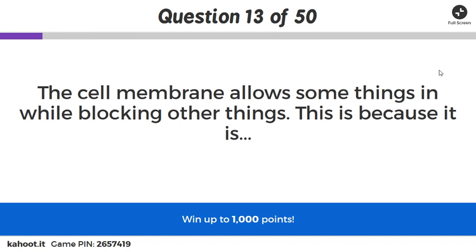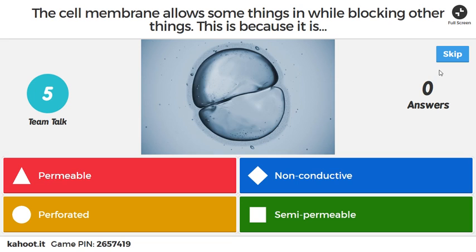The cell membrane allows some things in while blocking other things. This is because the cell membrane is what? What is the cell membrane? Is it permeable, non-conductive, perforated, or semi-permeable?